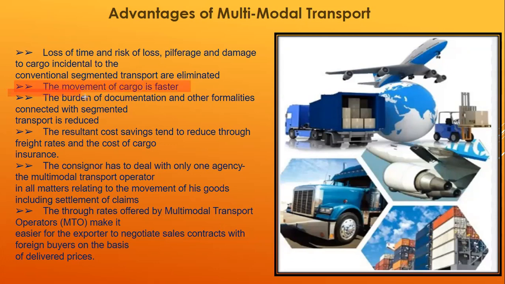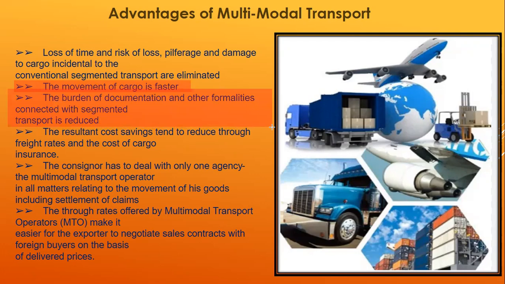Now the burden of documentation and other formalities connected with segment transport is reduced. You need not arrange a document at every step. Once you book the container through the freight forwarder from India to China, the freight forwarder will book your cargo on the ship. He needs to book the space on the ship.